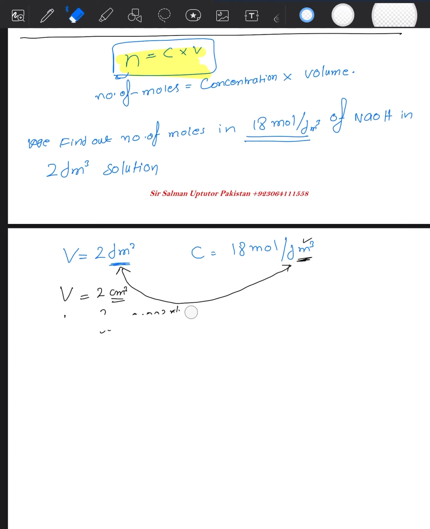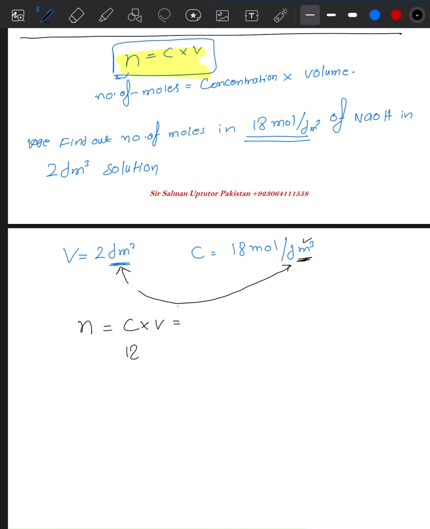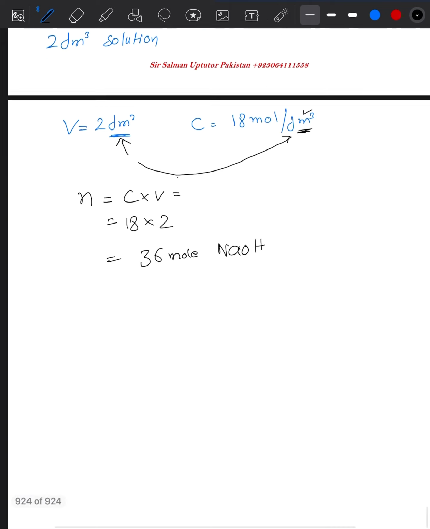So let's get back to our original question. We have concentration, we have volume, and we have to find the number of moles. So we know the formula is C multiplied by V. C is the concentration 18 and V is the volume 2. So now we have 36 mole of NaOH. So this is how we use this formula.